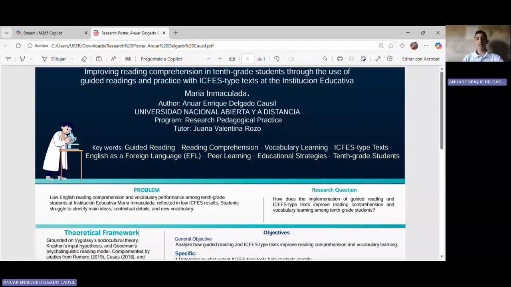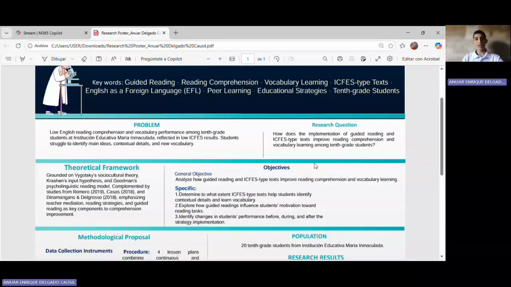Well, the name of my research proposal is Improving Reading Comprehension in 10th grade students through guided readings and ICFES type tests. Let's continue with the objective of this research.